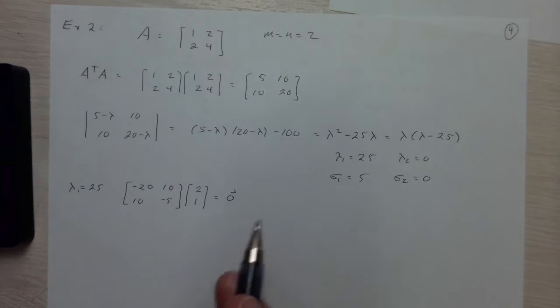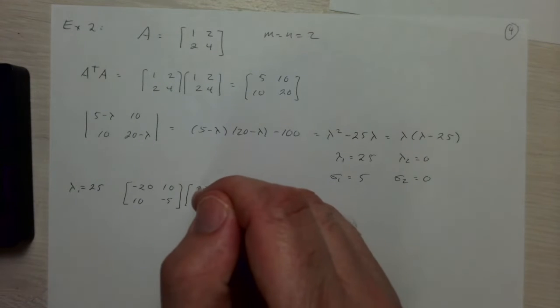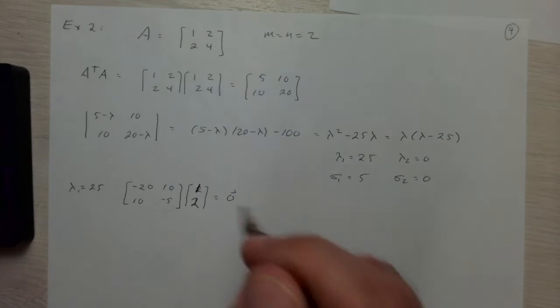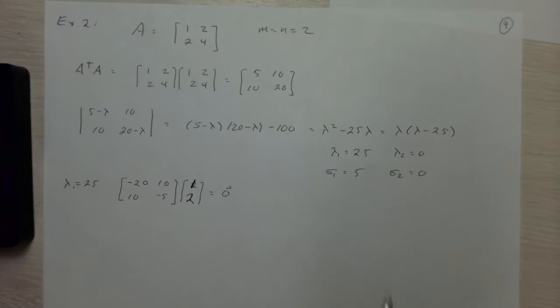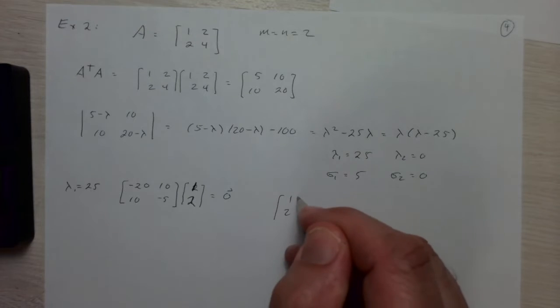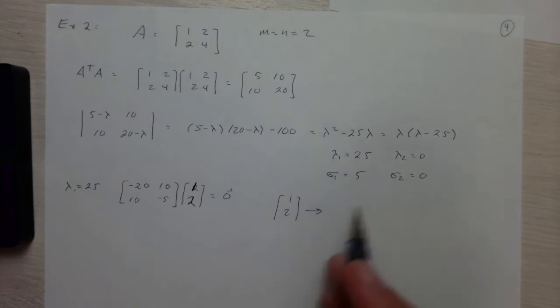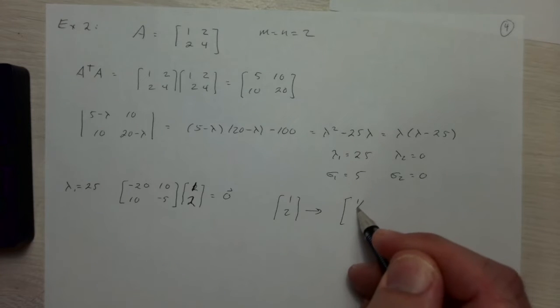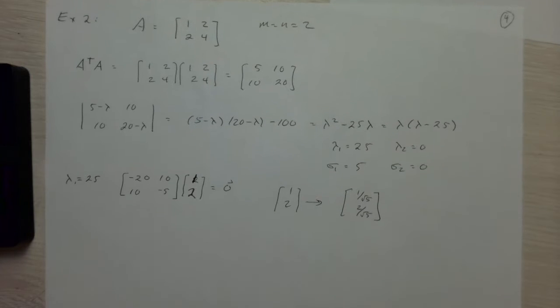No, it isn't. Sorry, it's 1, 2. Okay. And so 1, 2 can be normalized. It has length the square root of 5, so we can divide the entries by the square root of 5, and we get this.